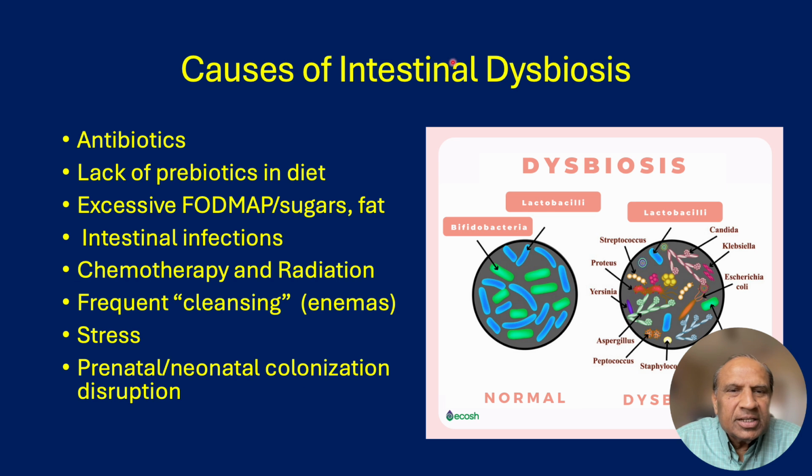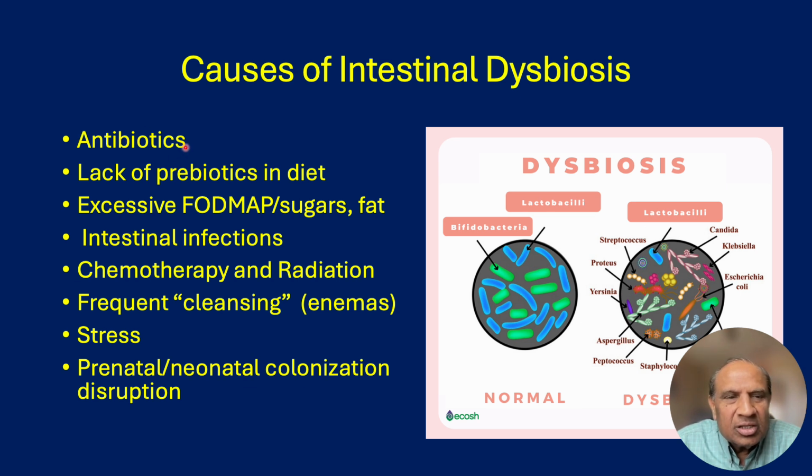So what causes intestinal dysbiosis? Dysbiosis is abnormal microorganisms in the gastrointestinal tract, but also the change in the numbers or how they are colonizing the intestinal lumen. The most important cause is use of oral antibiotics and even intravenous antibiotics.